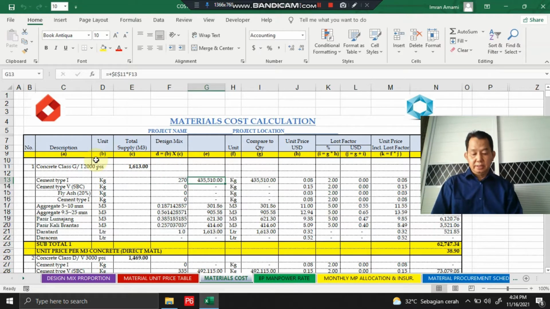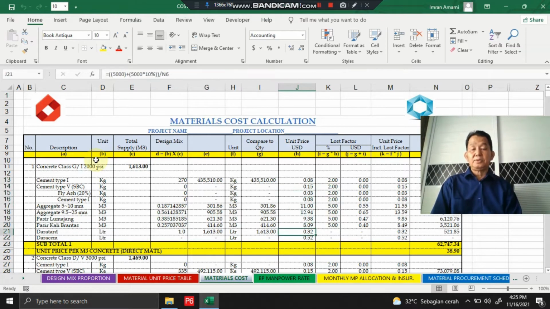And then we calculate the design mix and the total of concrete supply of each class, and then we found the quantity for the cement here, for the aggregate here, and for sand here, and also for the Daratan and Darachem, so retarder and super plasticizer, I mean. And then we have the unit price here.